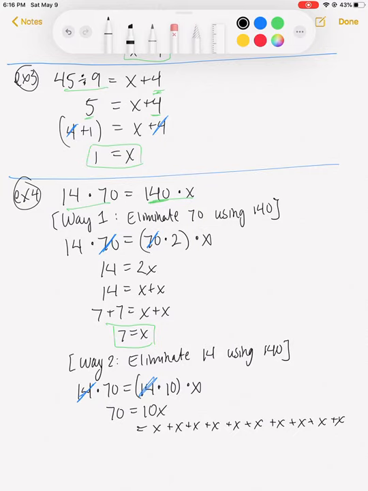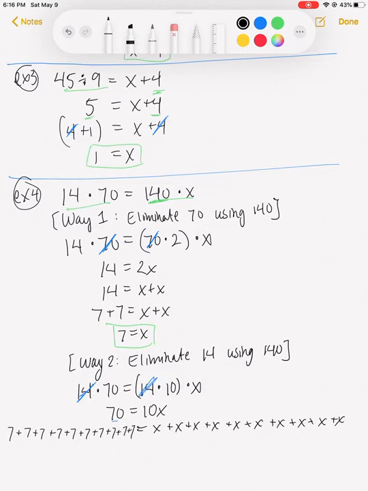I need to split up my 70 into 10 numbers that add together that are the same as well, and those happen to be 7. Okay. So 1, 2, 3, 4, 5, 6, 7, 8, 9, 10.